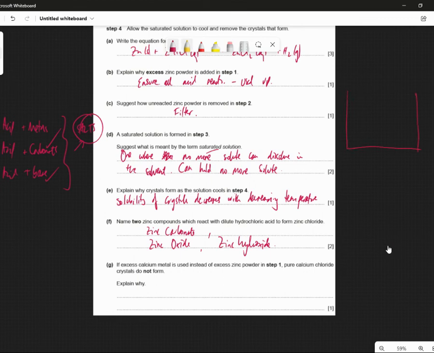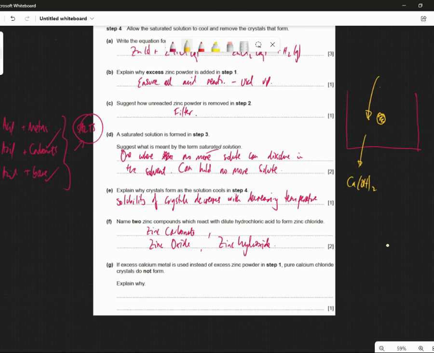If we drop in calcium, in step 1, which is using HCl, the calcium will react with water. It reacts with water, and you get calcium hydroxide.